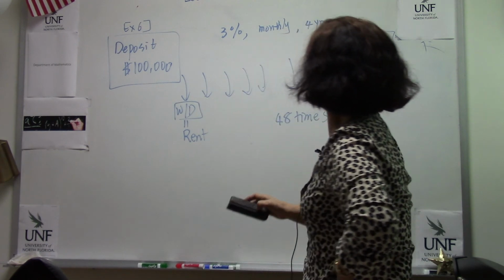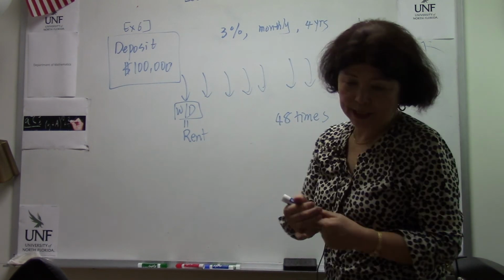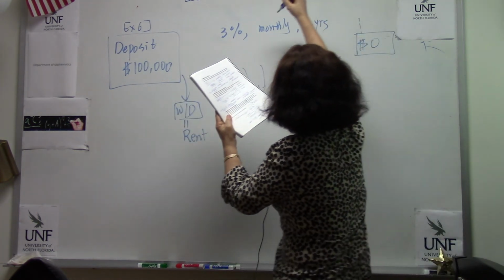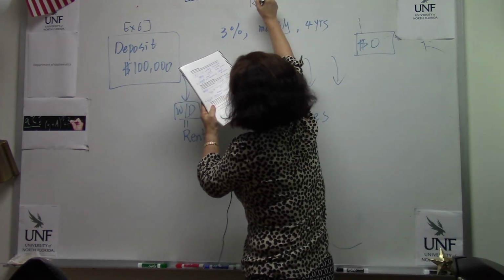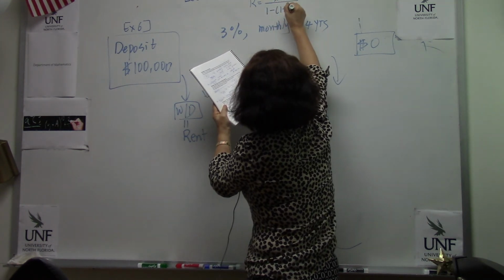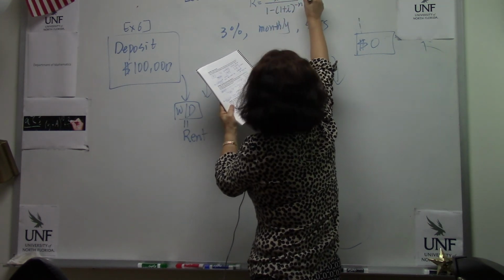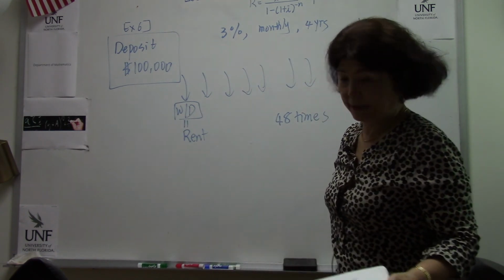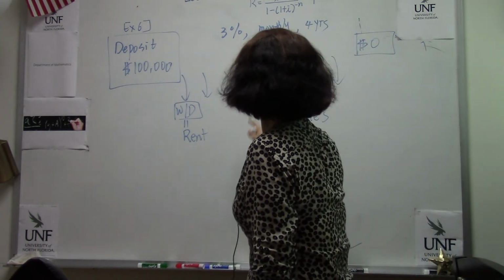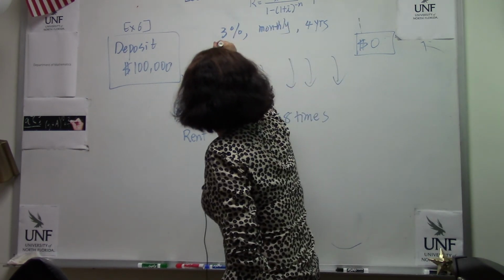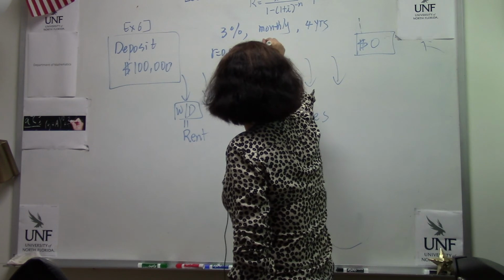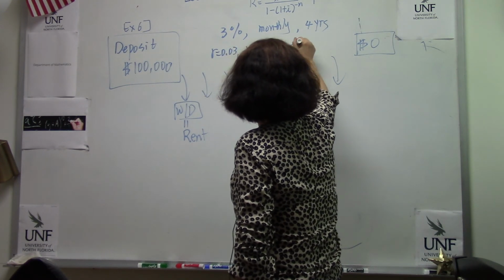So let's compute. Oh, did I erase that? That's bad. All right. So here R equals I over 1 minus 1 plus I to the negative N, times P. Okay? So let's compute. R equals 0.03, M equals 12, T equals 4.